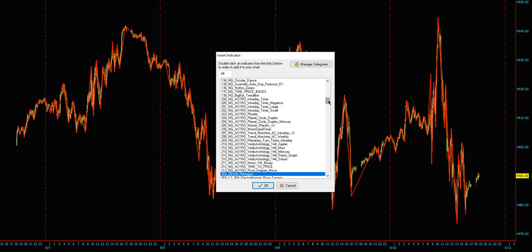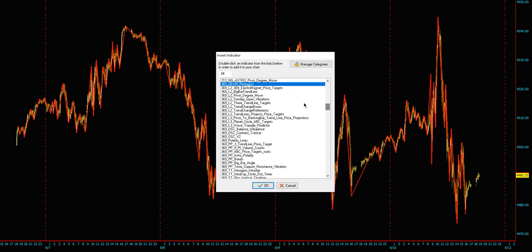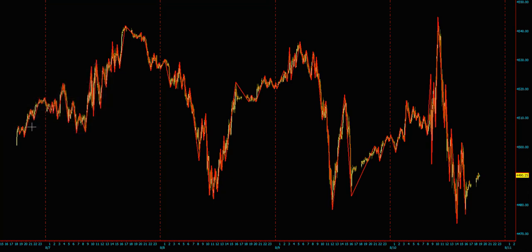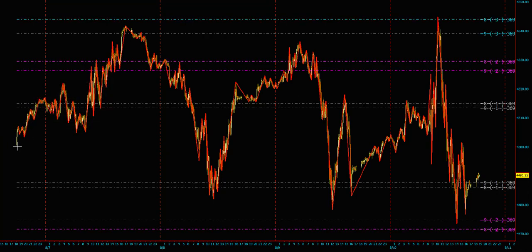So let's start with a demonstration of the Sunday open vibration right here, open on Sunday, and we know where market is going. You can see 369, and addition and subtraction are the keys of these laws. 10 minus 8 is 2.